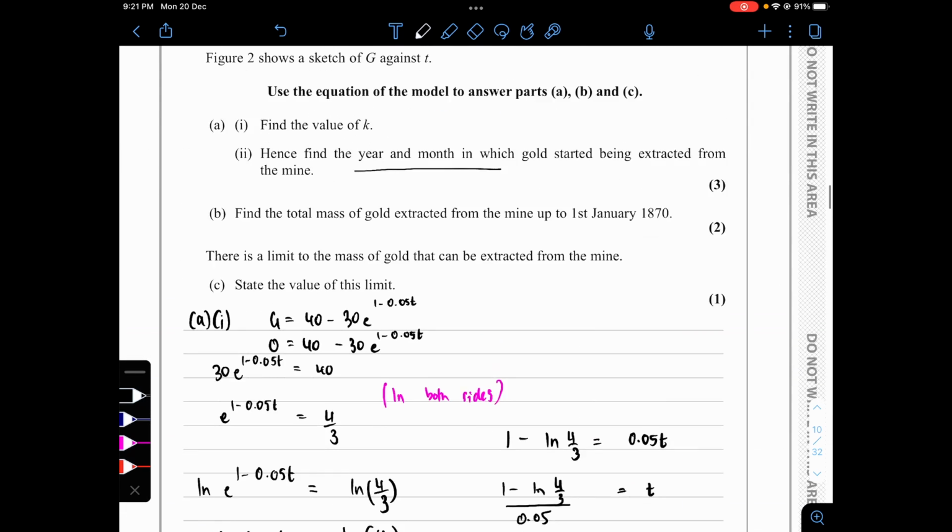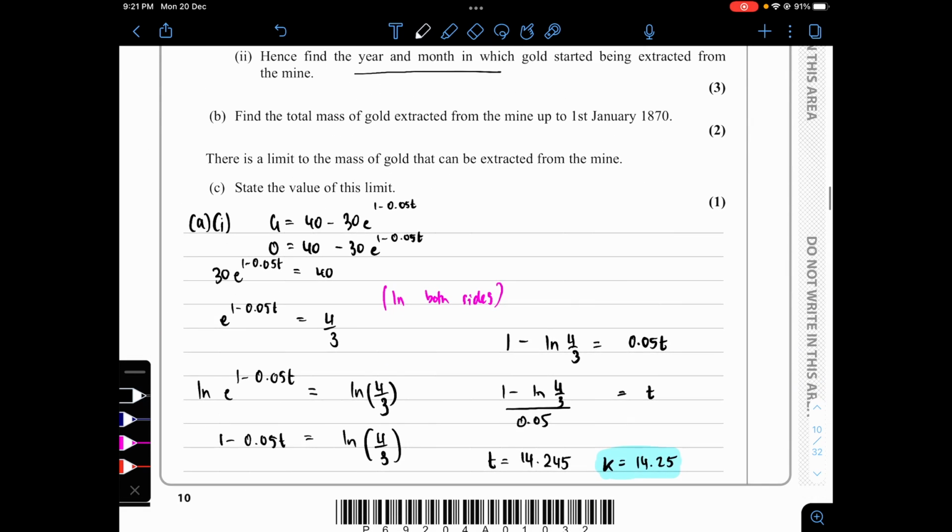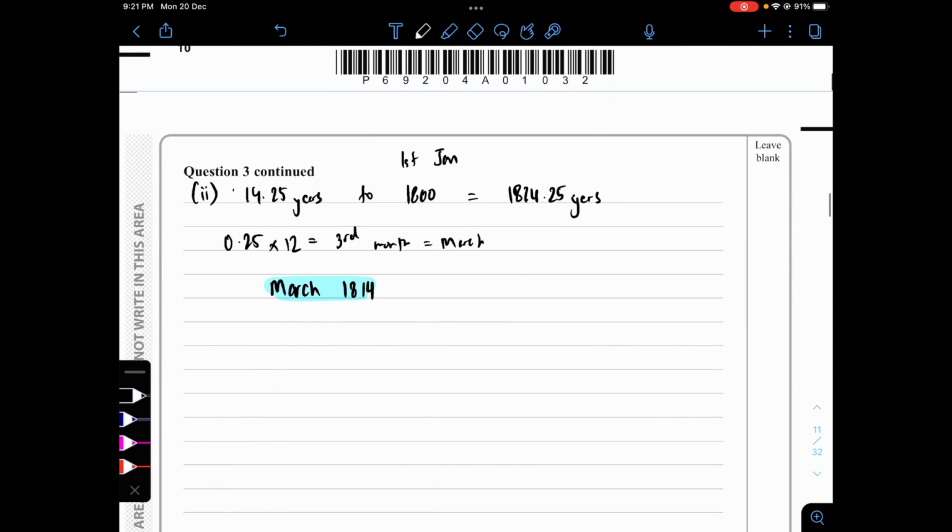Alright, so let's look at the next part. Find the total mass of gold extracted from the mine up to 1st January 1870. That's pretty easy. 1870 means t equals 70. So all we have to do is substitute.